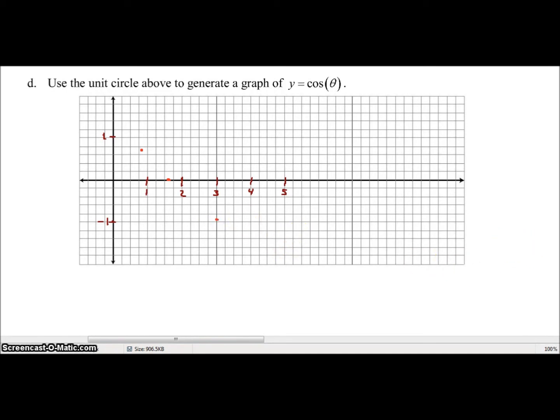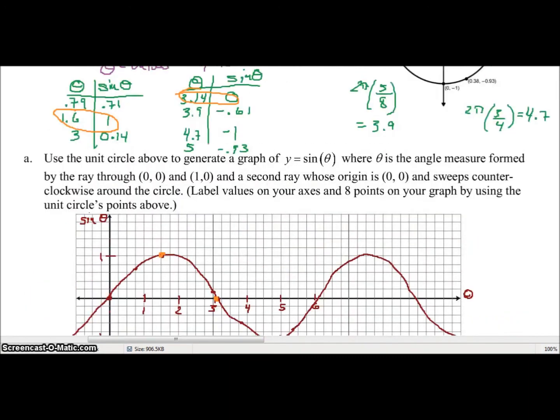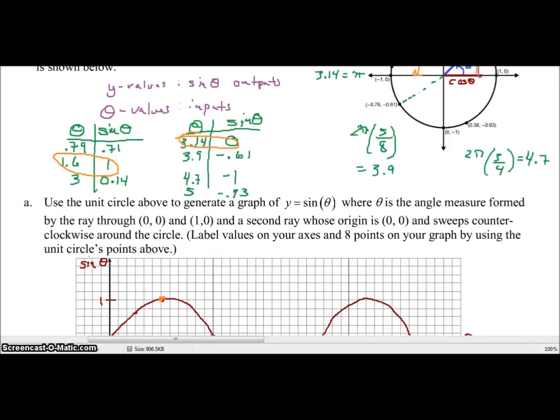And then when we get to 3.14 radians, or pi radians, our x value is -1.